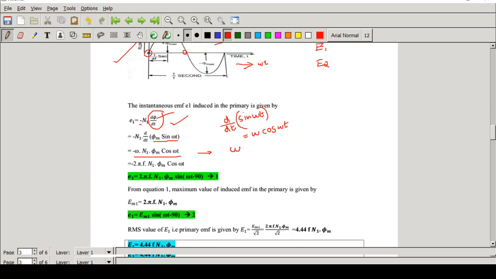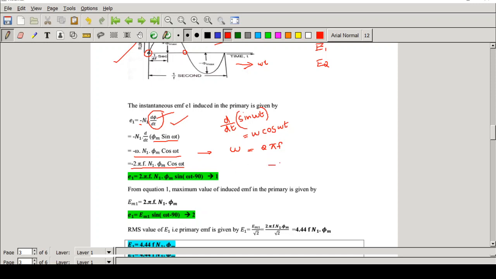Next, in this equation I will substitute for omega. Omega is equal to 2 pi f, where f is the frequency. So I get minus 2 pi f into N1 into phi m into cos omega t. Now there is a minus sign.